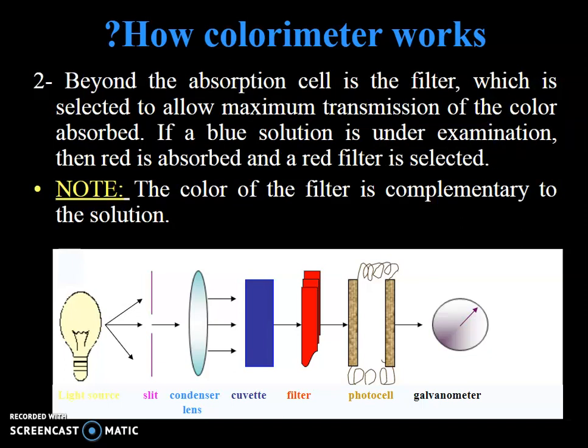Beyond the absorption cell is the filter, which is selected to allow maximum transmittance of the color absorbed. If a blue solution is under examination, then red is absorbed and a red filter is selected. Note the color of the filter is complementary to the solution.